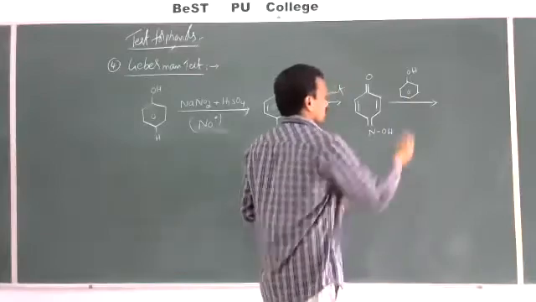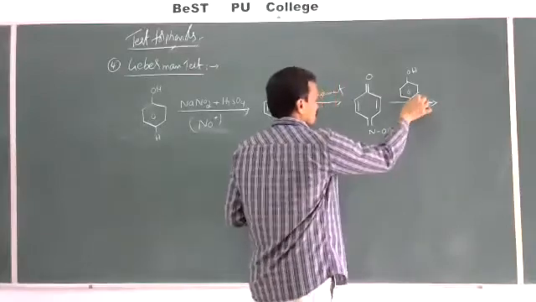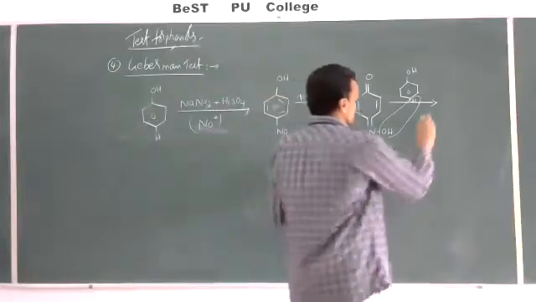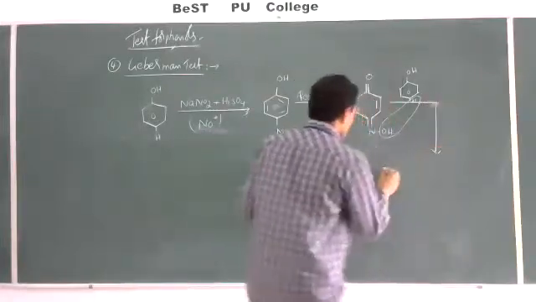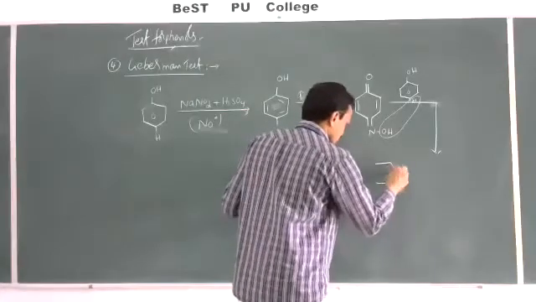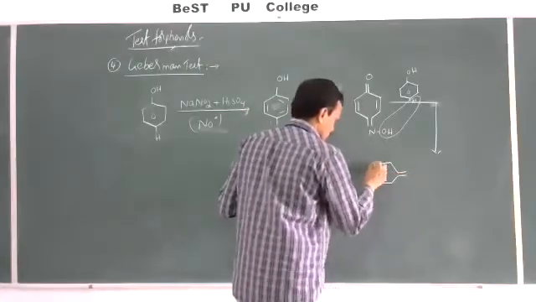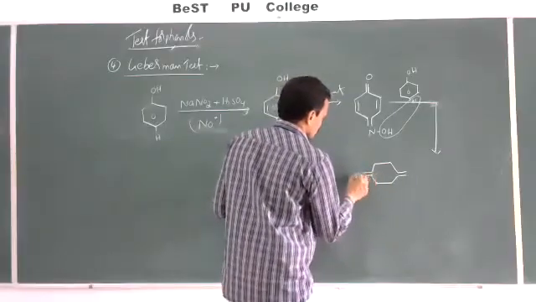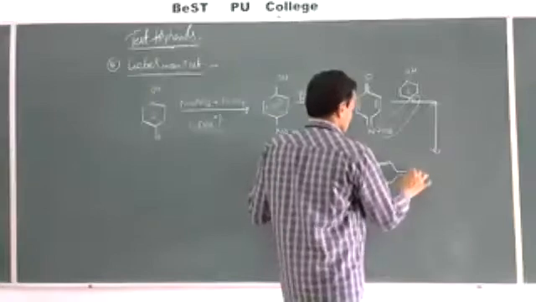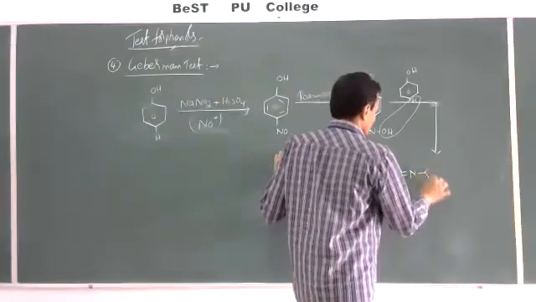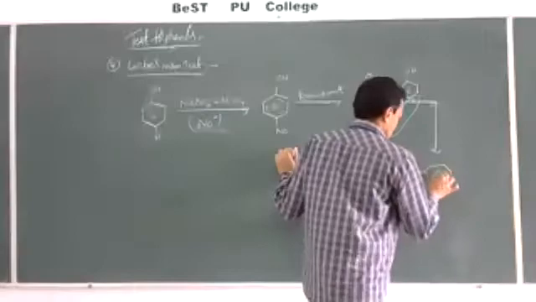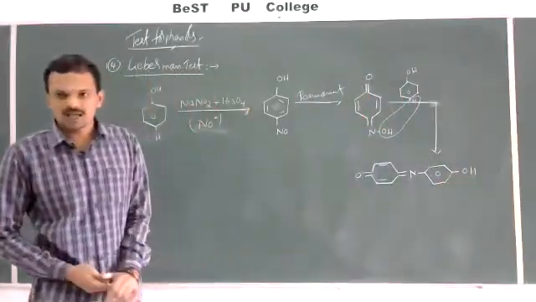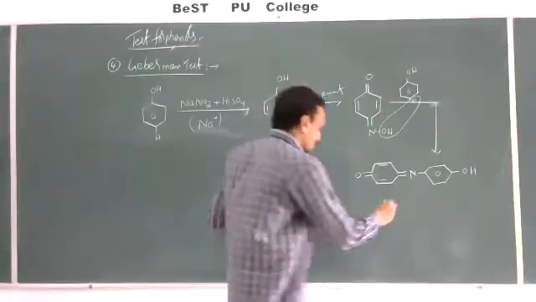That means a water molecule gets eliminated. Then we get an organic compound with a structure like this: double bond O, double bond N, single bond OH. This is the compound formed here, and it is named indophenol.